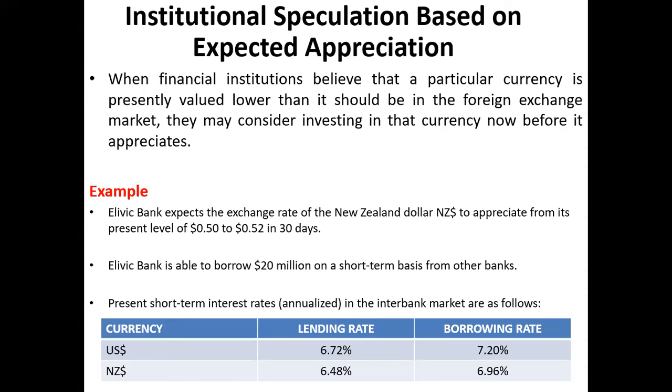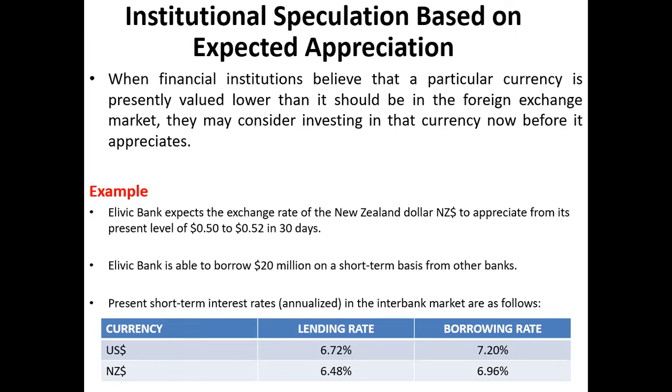Now, the question says that Elevate Bank expects the exchange rate of the New Zealand dollar to appreciate from its present value of 0.50 US dollars to 0.52 US dollars in 30 days. The question we must therefore ask ourselves is: which currency is appreciating and which currency is depreciating?